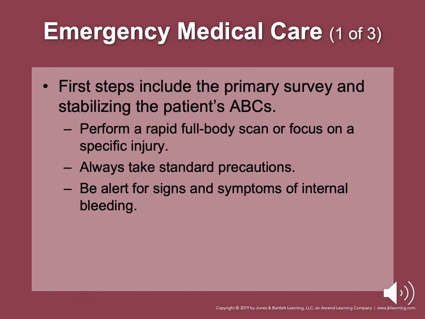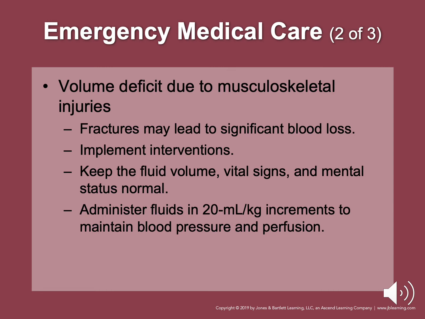All right, the first step in the primary survey is to stabilize the patient's ABCs, so do that full body scan. Take standard precautions and be alert for internal bleeding, especially in the abdomen and pelvic areas. Don't forget that those areas, especially the pelvis, can hold a large amount of blood, causing volume deficit due to musculoskeletal injuries.